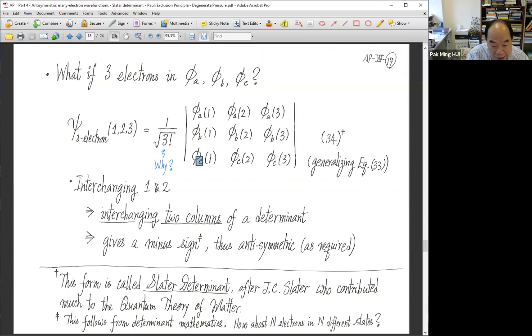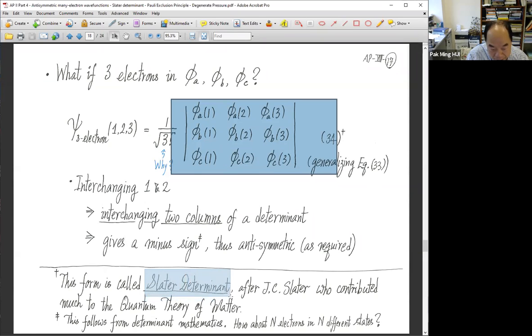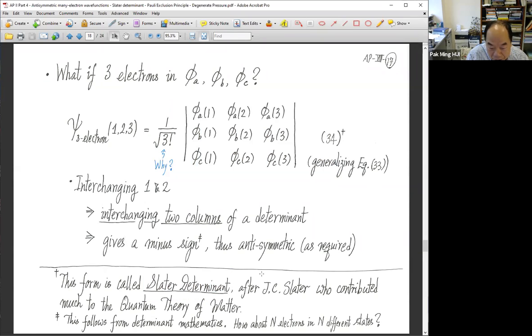Now, the name of this form is called the Slater determinant. That is after a physicist, Slater, who contributed much to the understanding of atoms, molecules, and solids using quantum mechanics. He was also the chairman of the MIT physics department, I think right after the Second World War.